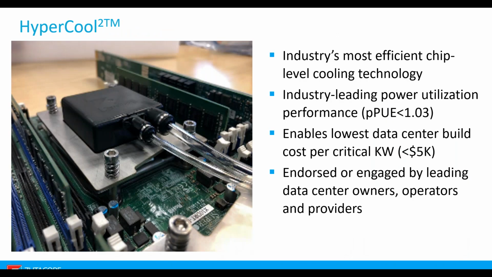Combined, you're looking at one of the most efficient direct on-chip cooling technologies, providing on a system level a constant PUE of 1.03, irrespective of whether it's in Abu Dhabi or in London. And therefore, with the shrinkage of equipment footprint and a much higher density, it would typically translate to significantly lower CapEx and lower OpEx.